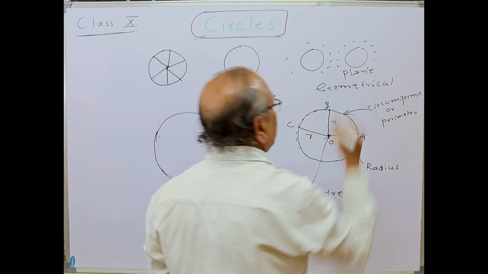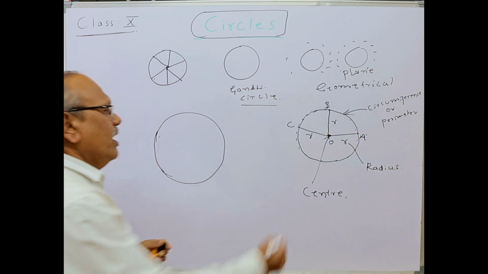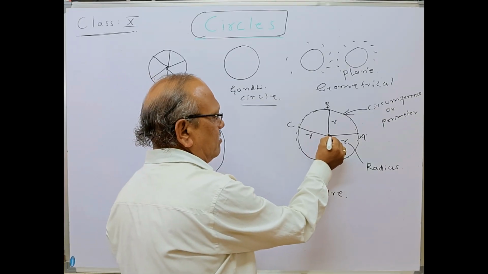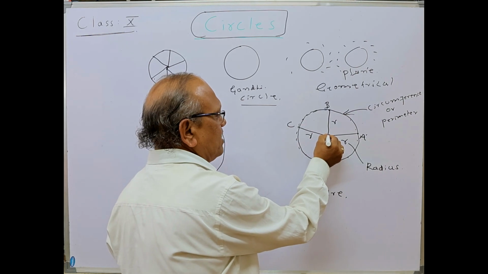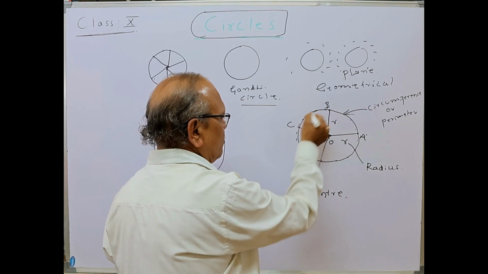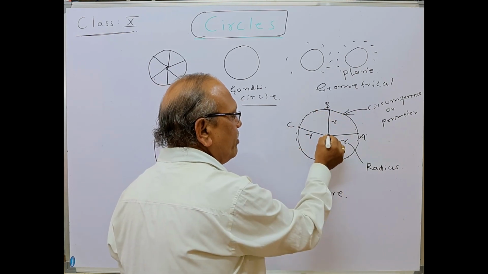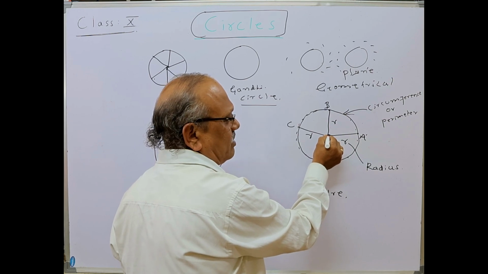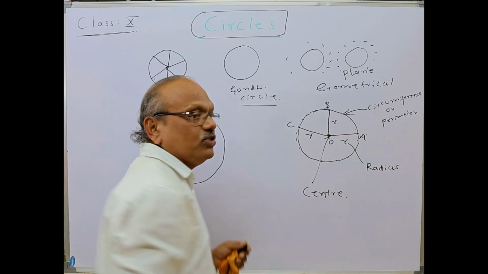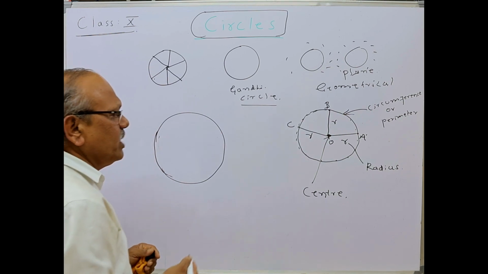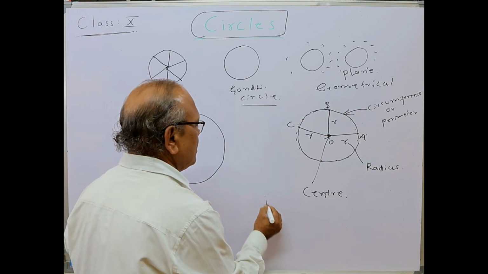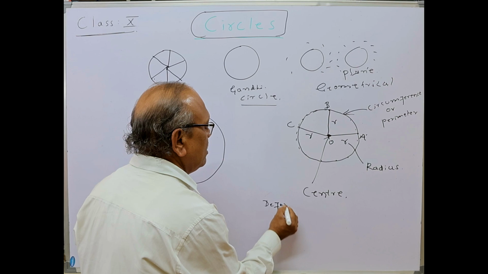A circle is defined as a plane figure which consists of a set of points which are equidistant from a fixed point. Let us write the definition of the circle.